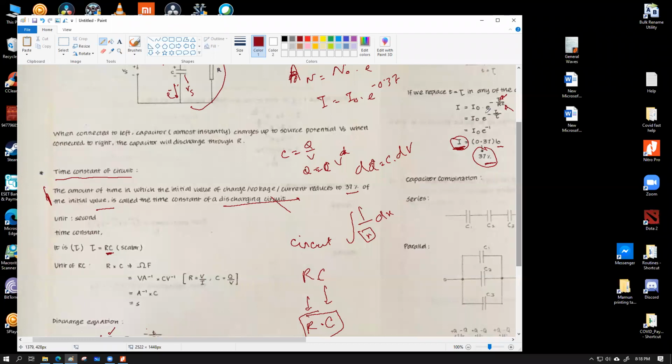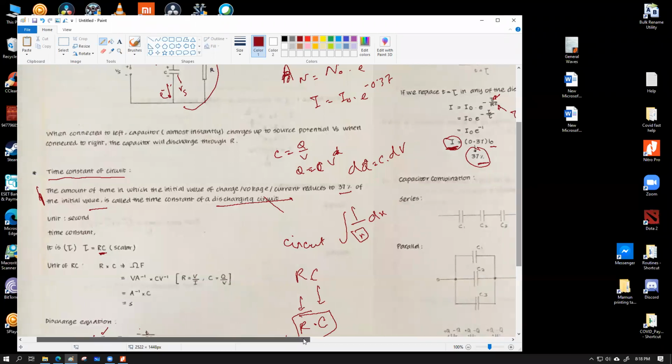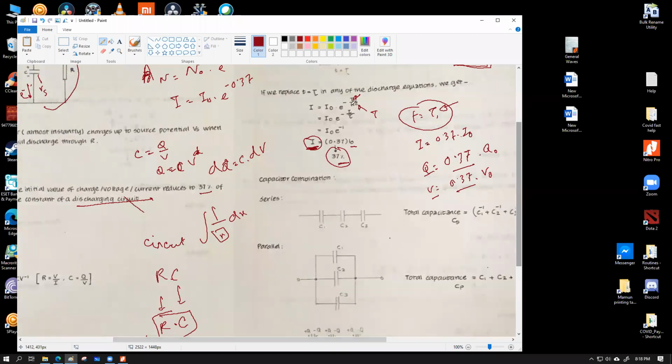That's where the e to the power comes in, and that e to the power thing is an output of the mathematical integration process. And just to define what the value of RC is, if we place that exact amount of time t, which is RC, on the numerator side, we can cross them out very easily, which becomes 1. What we're trying to do is, if t equals tau, then how much is this? t is the variable time, tau is a fixed time.